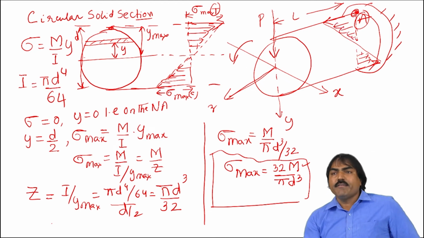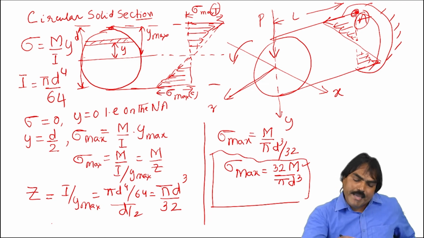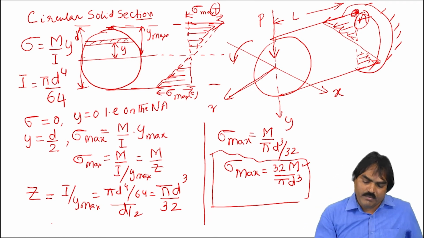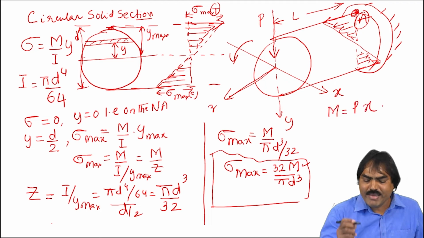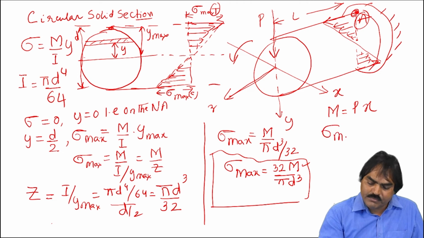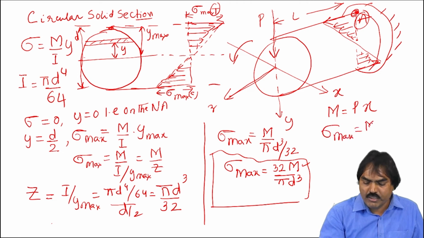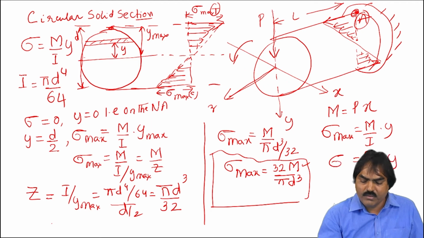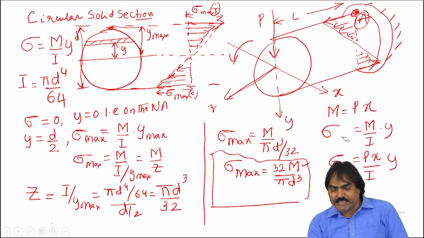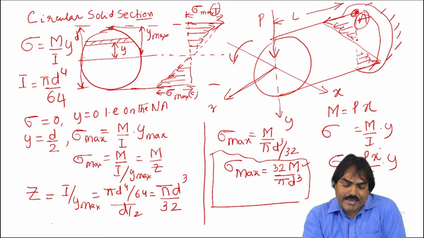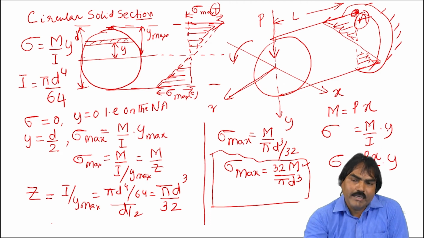So this way we can find the bending stress anywhere across the length of the section. If the moment is given as a function of load P into x, then sigma max is generally M by I into y, that is, P x by I into y. I can write the bending stress in this format also, where x indicates the distance along the length of the structure.